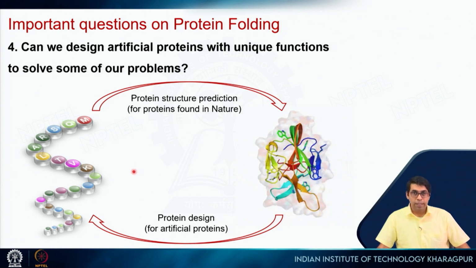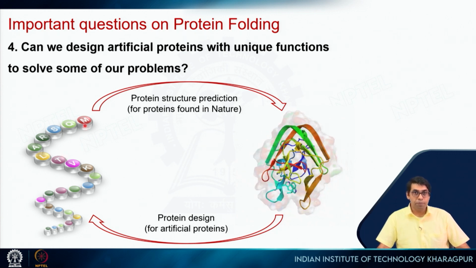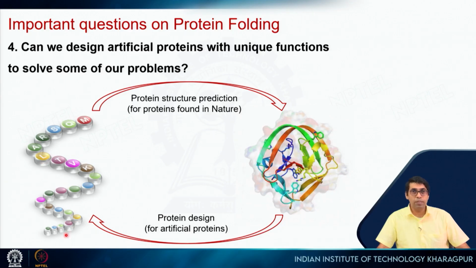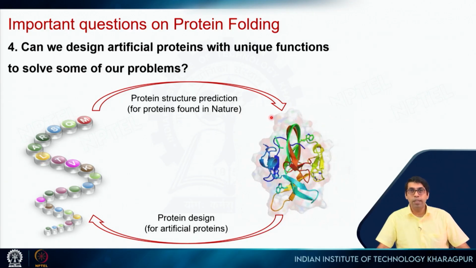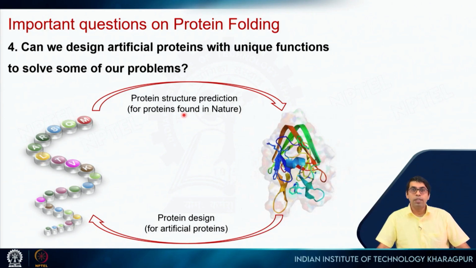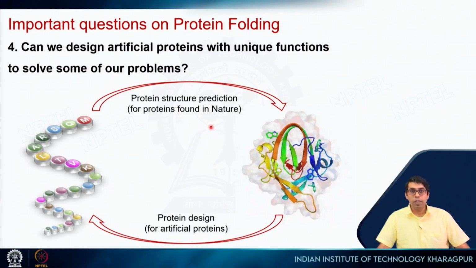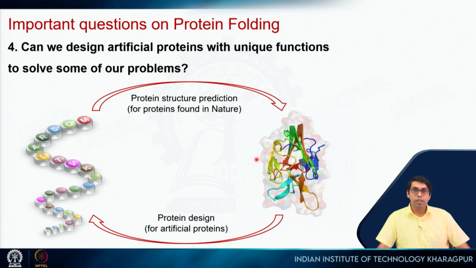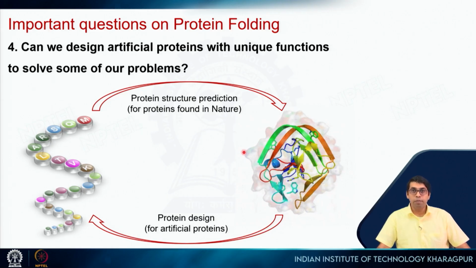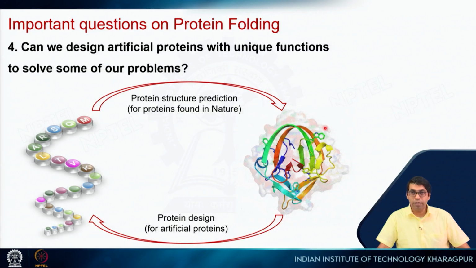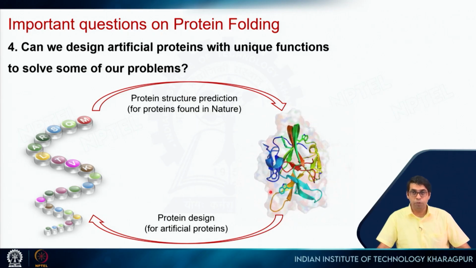So let's think of it like this. The third problem was, if we know a protein sequence, can we predict its structure? So this is for the natural proteins which are found in nature. The fourth problem is sort of the reverse of this. We have some function in mind. Based on that, let's say we have designed some three-dimensional structure of a protein.